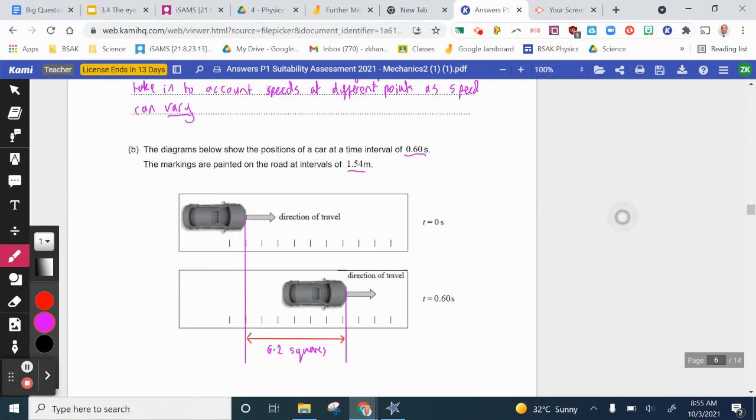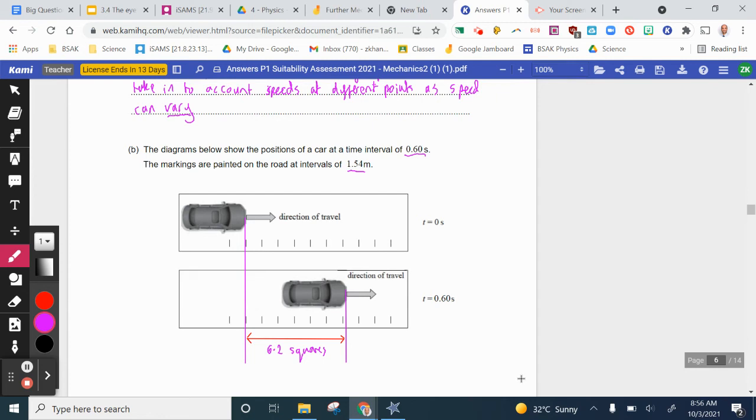Now, this photograph here is where the car is at the beginning. This photograph is at 0.6 seconds later. The distance between each interval is 1.54 meters. And if we look at the car before and after, these lines will help determine how far the car has moved. 1, 2, 3, 4, 5, 6, and a bit.